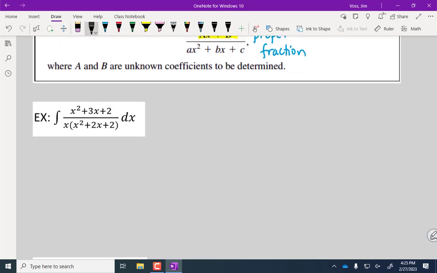So here, we're going to take the inside. Everyone agree that this is an irreducible quadratic? How do you tell if a quadratic is irreducible? Don't try every possible factorization. There is a math way. How do we know if a quadratic is irreducible?